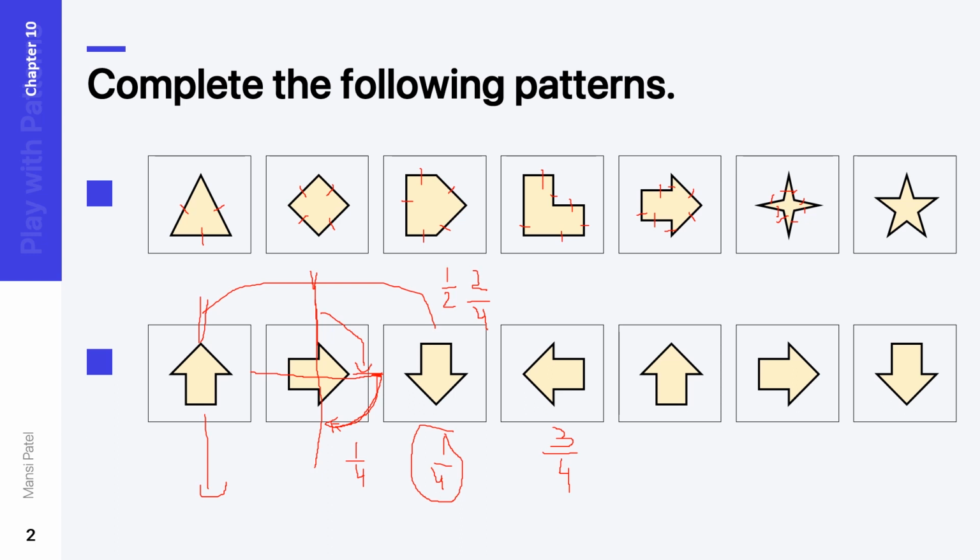When it comes again and shows upwards, at that time we can say that it covers 1/2 part. Means this arrow moves 1/2 part distance.